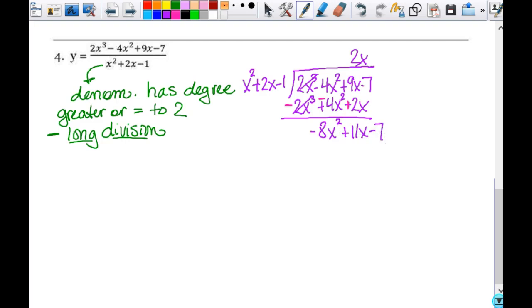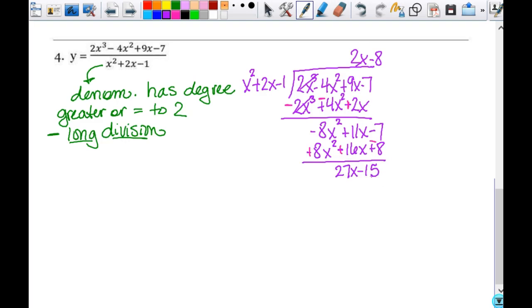So then x squared goes into negative 8x squared negative 8 times. So give me a negative 8x squared minus 16x plus 8. Go in there and change all my signs. This is going to give me 27x minus 15.